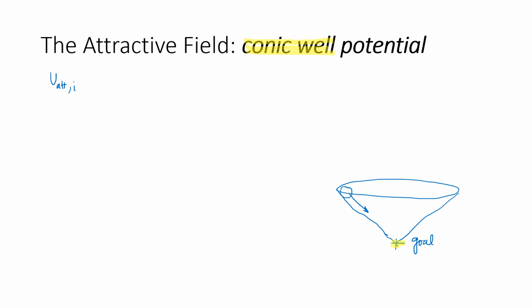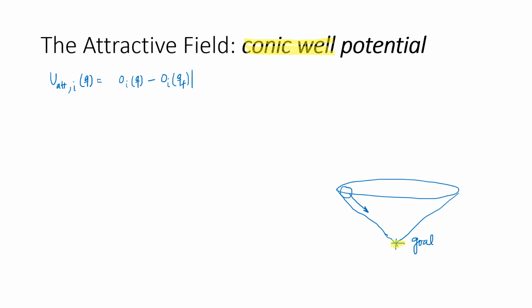So for the ith joint, the attractive potential in that configuration is going to be based on the distance between where you are currently, for that particular frame, the origin of it for the current configuration q, minus the origin of the same joint at the final configuration.